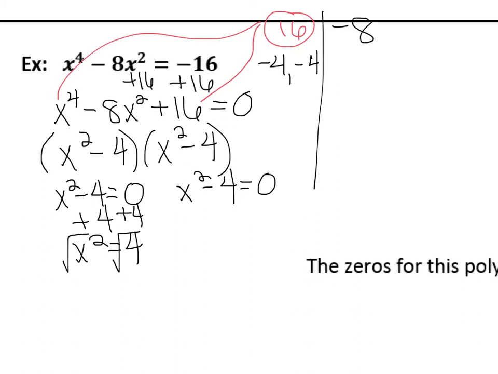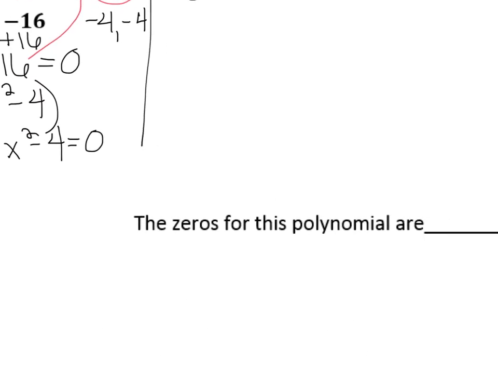And the other detail to remember is that when you have a square root, you have to have both a plus and a minus. So we have x equals a positive and a negative 2. Now, since that's the exact same answer we would get if we were to solve this one, we don't have to solve it, so our zeros are plus and minus 2.